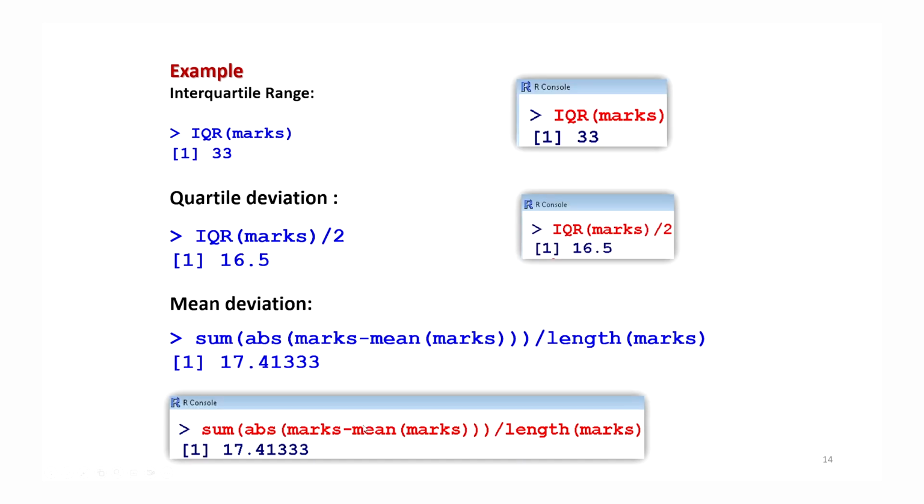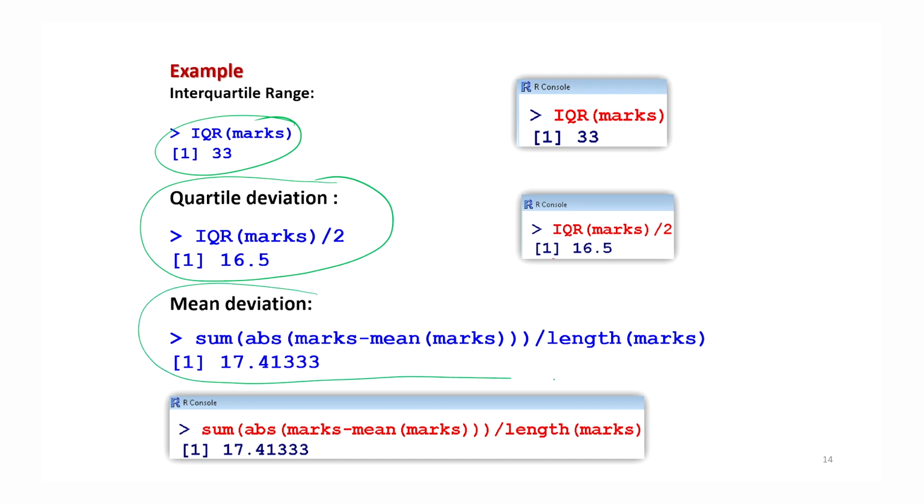And similarly, if you want to find out the interquartile range, you simply have to write IQR(marks), which is here 33, and then you find out the quartile deviation, which is IQR(marks) divided by 2. And if you want to find out the mean deviation, which is the same statement that you developed earlier, it will come out to be 17.41333.